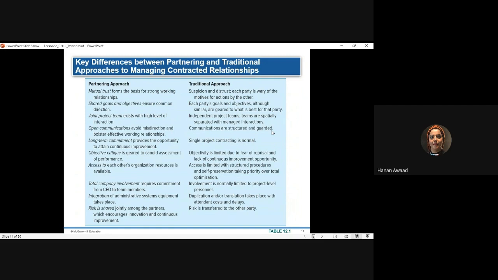Of course, it depends on the politics and the culture of both parties, but it's recommended to approach this with an intention of creating partnership and a long-term relationship, not just hit and run, as we say.